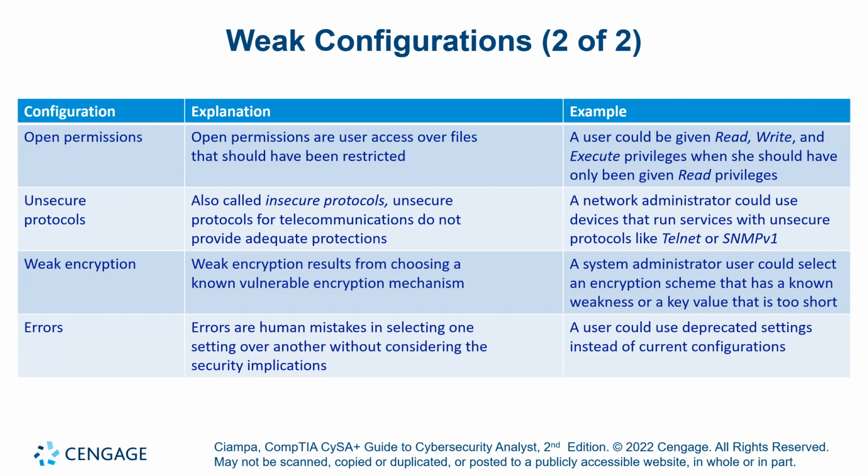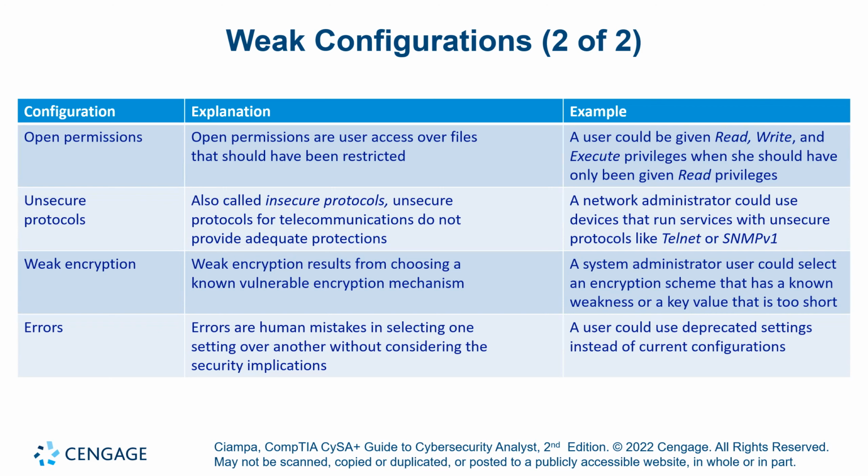Unsecure protocols, also called insecure protocols. Unsecure protocols for telecommunications do not provide adequate protections. Example, a network administrator could use devices that run services with unsecure protocols like Telnet or SNMP version 1. Weak encryption.